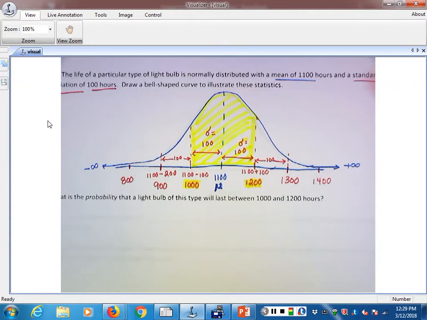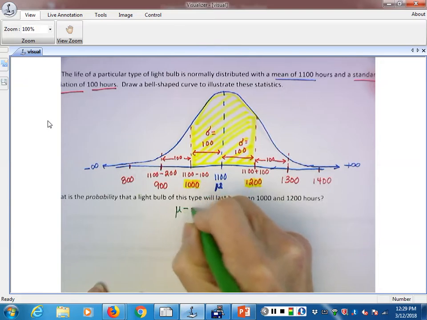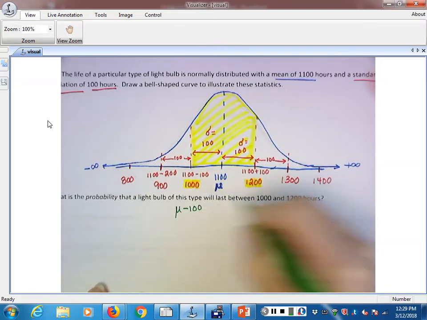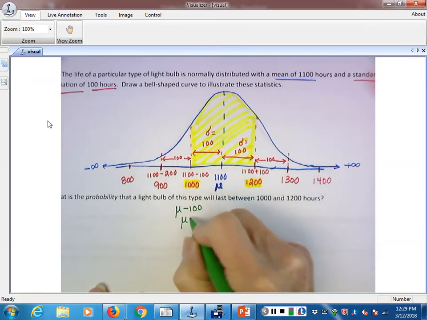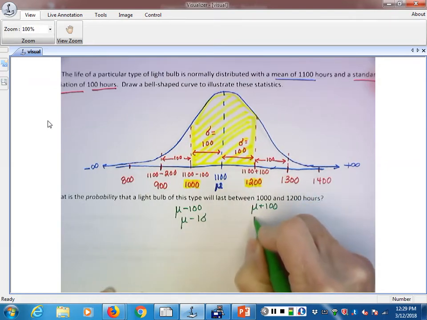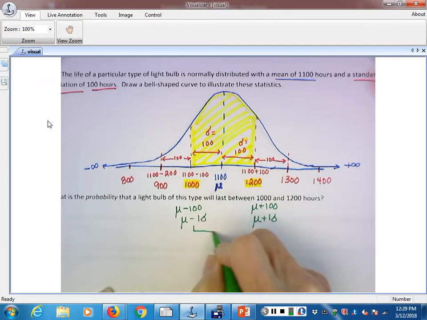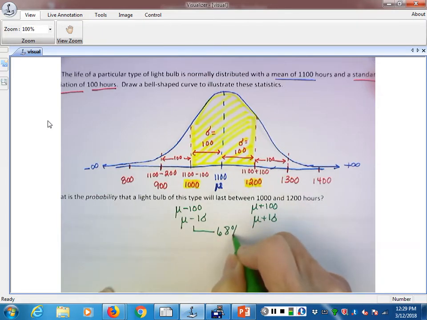And my empirical rule tells me that this is within the interval mu minus sigma to mu plus one value of sigma, and that's 68%.